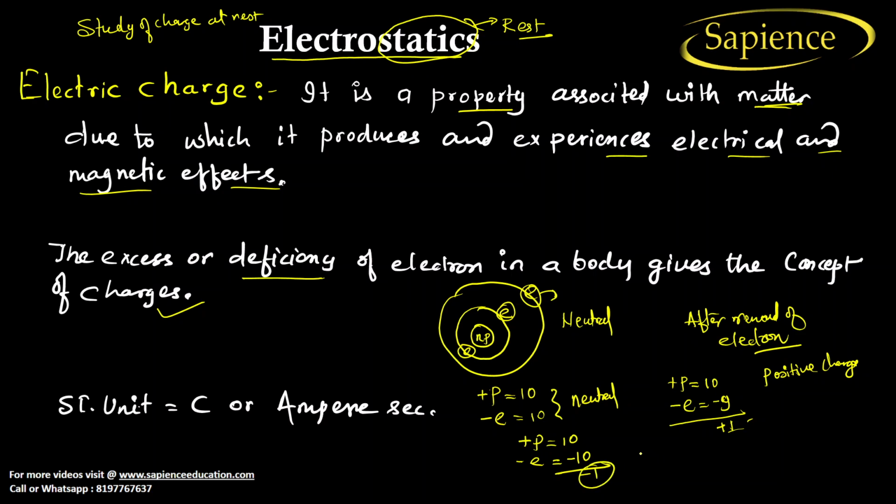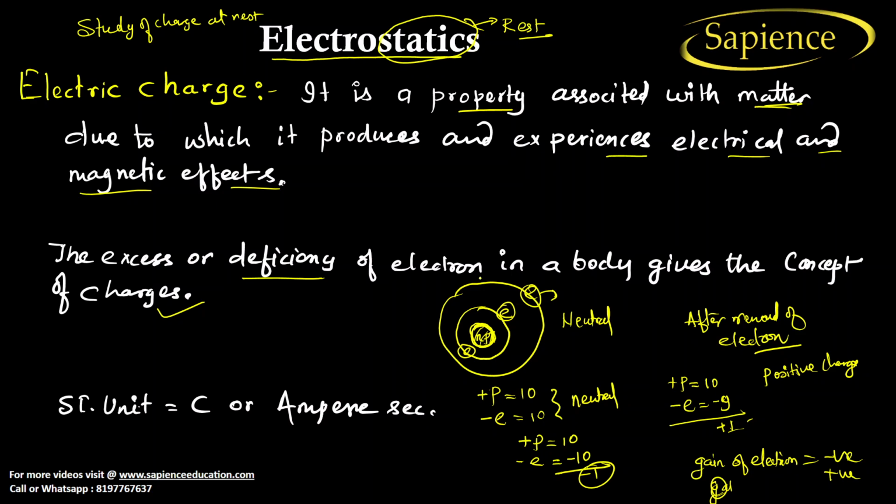There is a negative charge when you give an extra electron to an atom. Gain of electrons creates negative charge, and loss of electrons creates positive charge. The proton and neutron remain in the nucleus. I hope you have understood this concept.